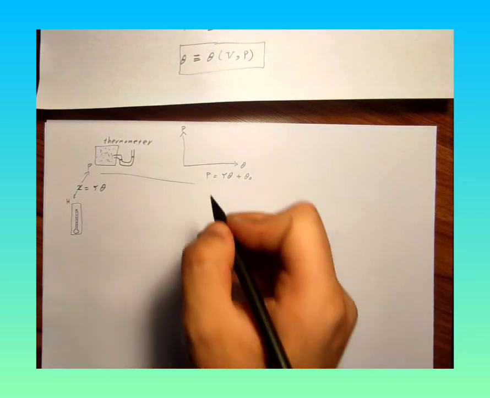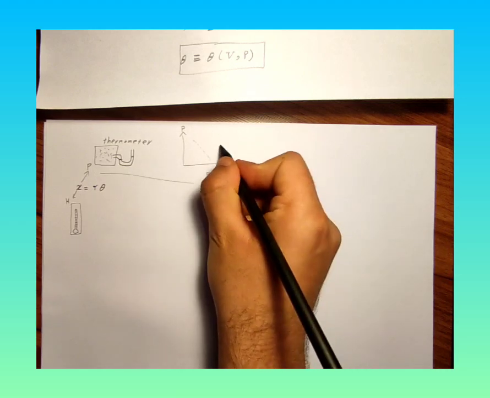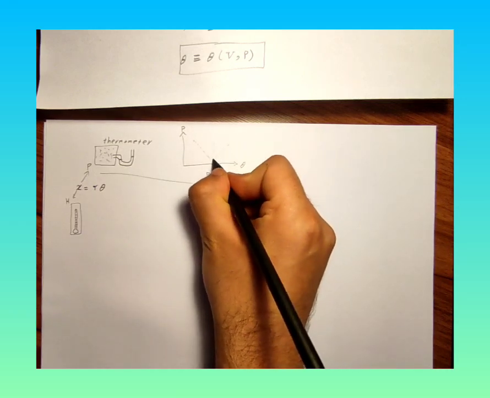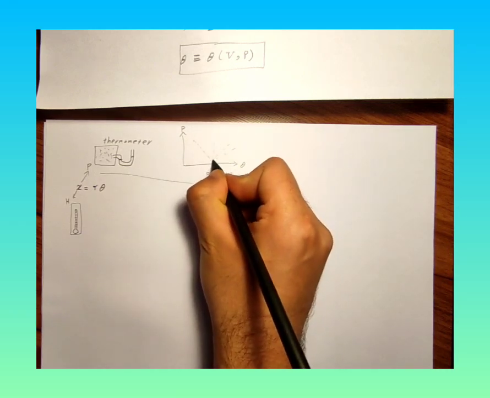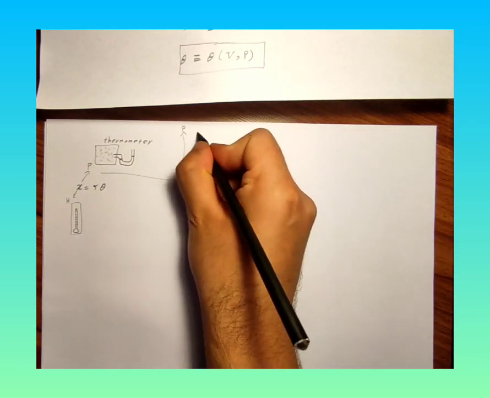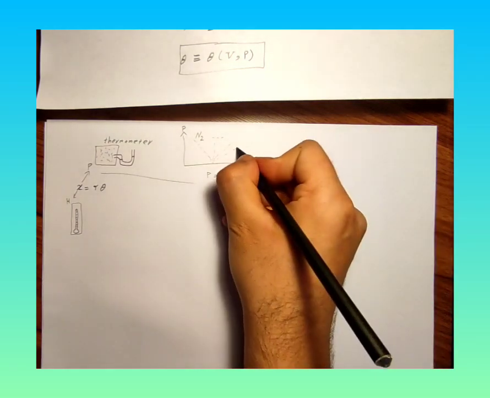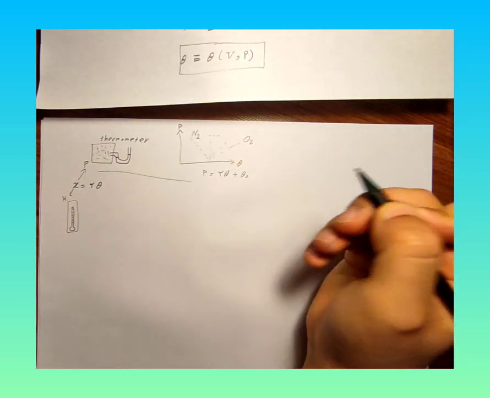And experiments show that in low pressures, all thermometers with different gases, for example, this is nitrogen and this is oxygen.